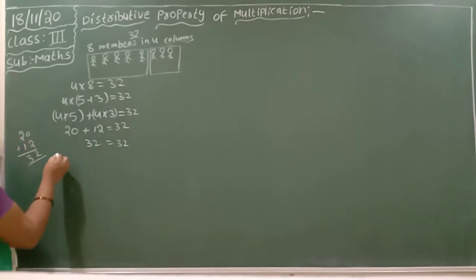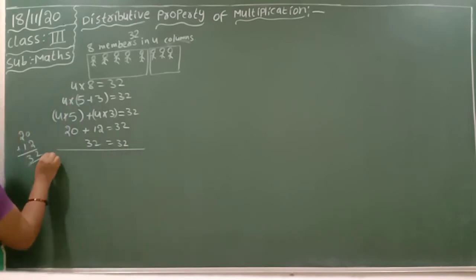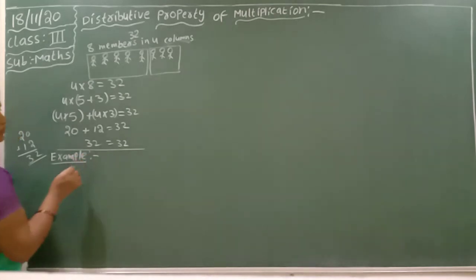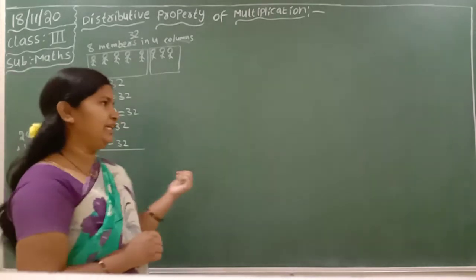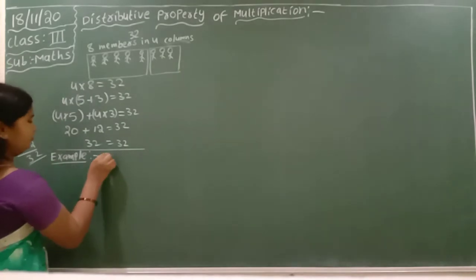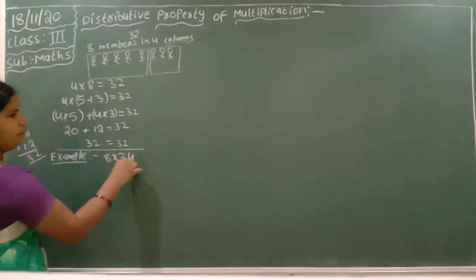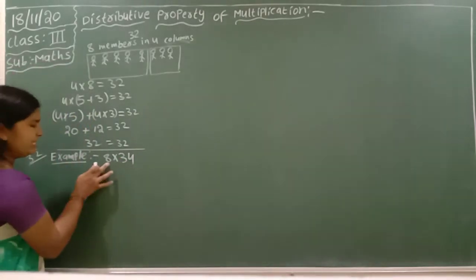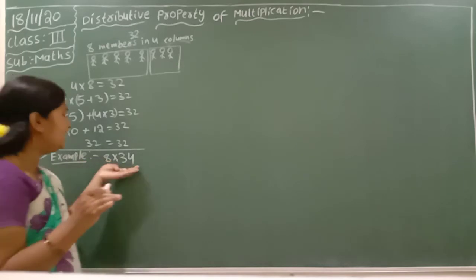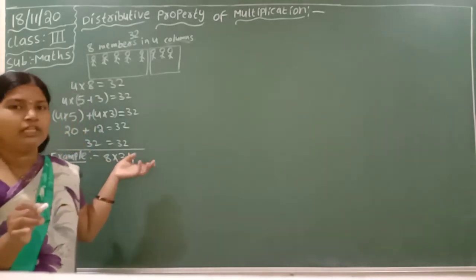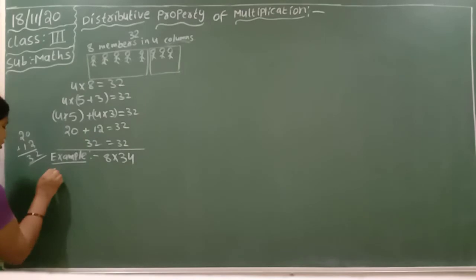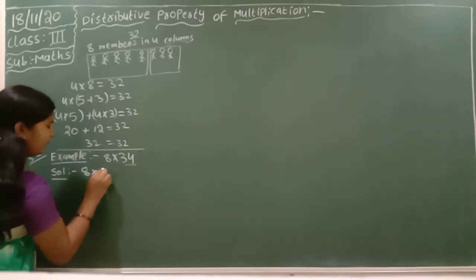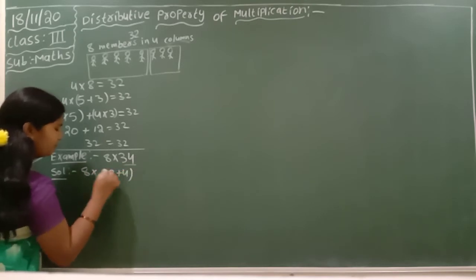Okay. Here I am taking one more example. Using this distributive property, that is 8 into 34. Here I keep the smaller number like that only, and this bigger number I write as two smaller numbers. Solution. 8 into this 34, I am separating as 30 plus 4. Why?